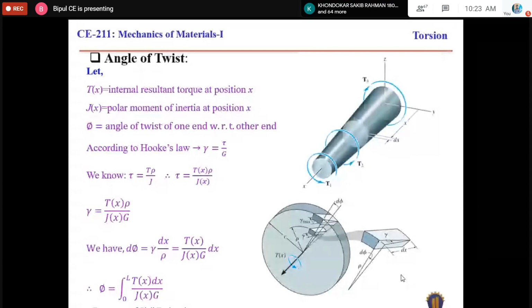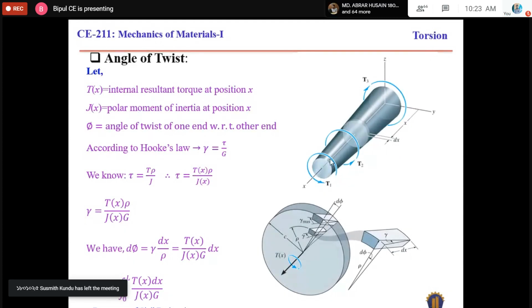Angle of twist, or angle of rotation. We have already learned what the angle of twist is. Consider a shaft subjected to torsional forces T1, T2. Due to the torsional force, this shaft will be twisted.